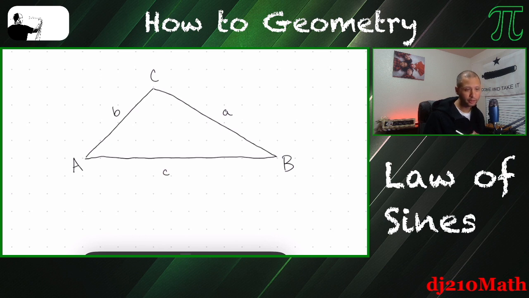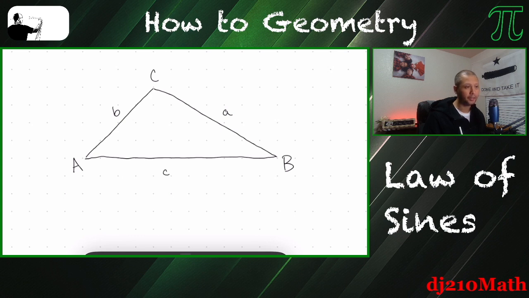If I have a right triangle specifically, SOHCAHTOA, the acronym that we use to help us remember the trig ratios, right? Sine, opposite over hypotenuse. Cosine is adjacent over hypotenuse, and tangent is opposite over adjacent. Right? This works beautifully in a right triangle scenario.